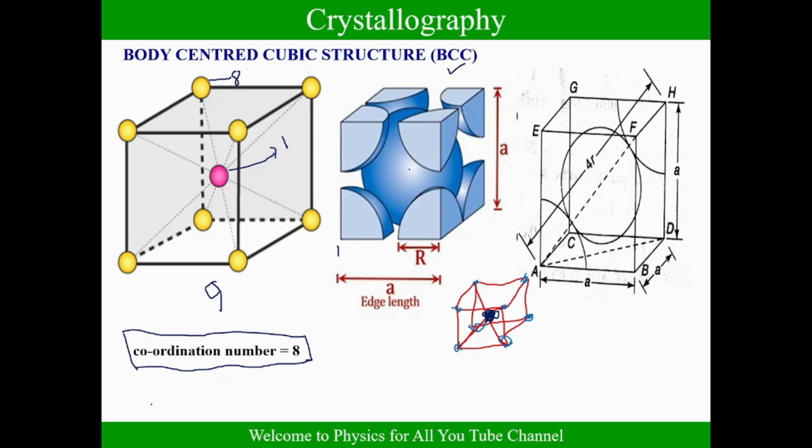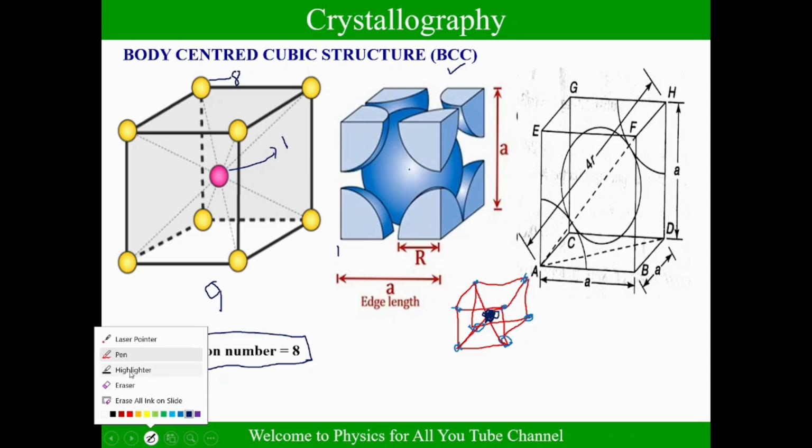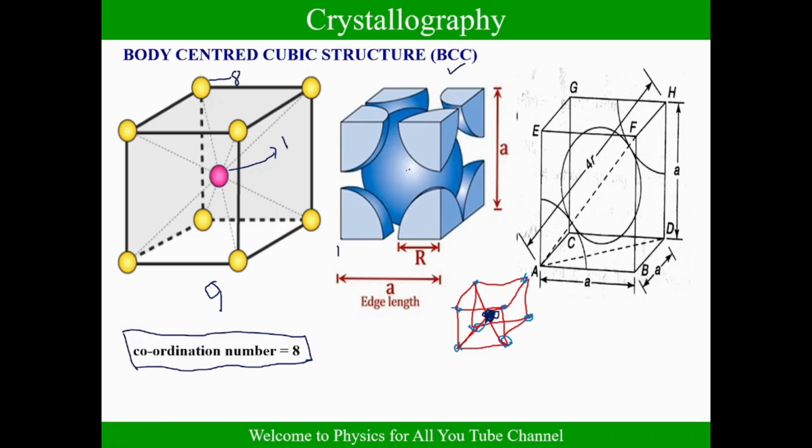Now we have to measure the distance between the first corner atom and the body centered atom. These two atoms, the corner atom and the body atom, are in contact with each other. Therefore if we measure the distance from the center of the corner atom to the center of the body atom, we will observe the distance is equal to A.